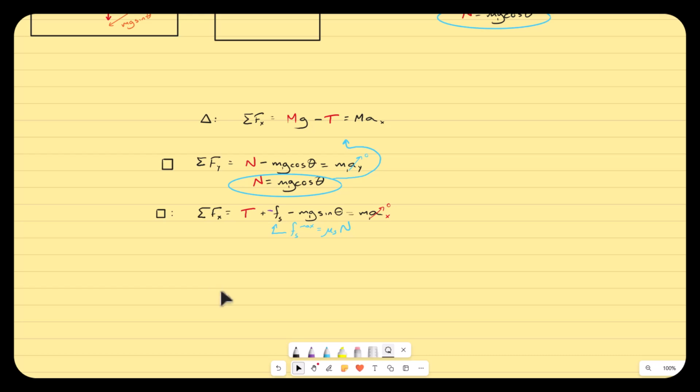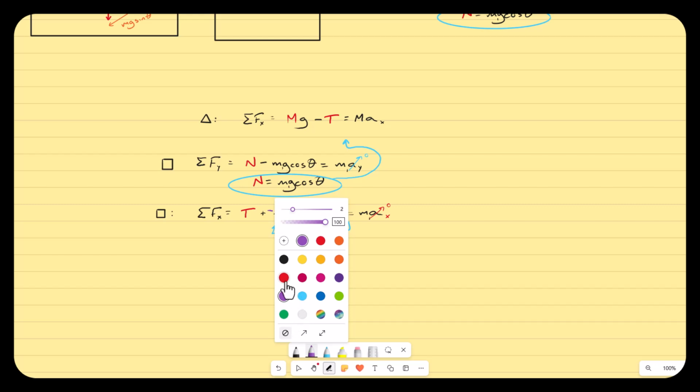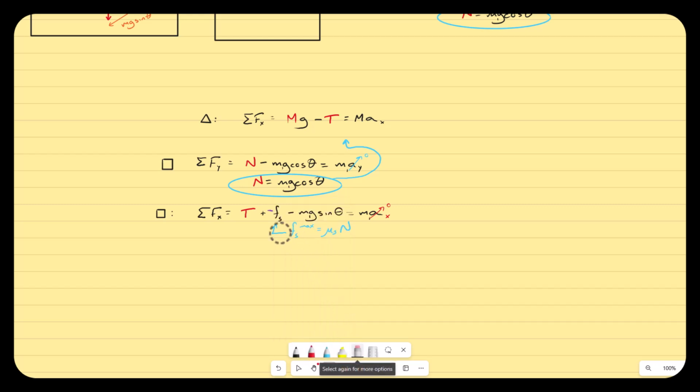Okay, same equation, but my F static has become an F kinetic, so I can't really keep that. So I'm going to have a minus F kinetic. My acceleration is not 0, so let's get rid of that.